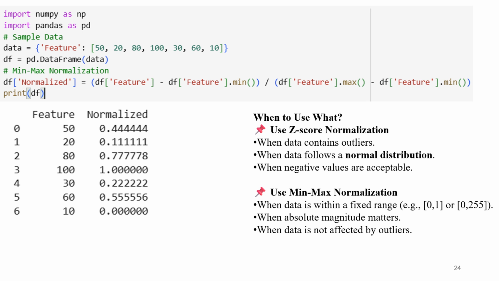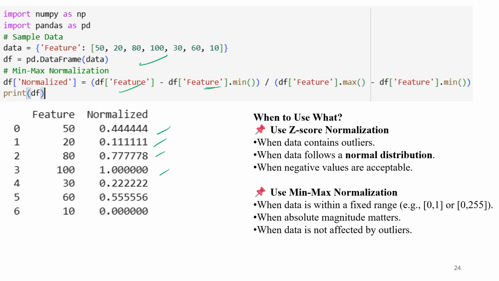This is your data frame, and you take each value, subtract the minimum value, then divide by the maximum minus the minimum. If you do this, you will get the normalized value. So instead of having lots of values on a huge scale, we can use the normalized value to represent it easily. And this will help the machine learning algorithms to work with it.